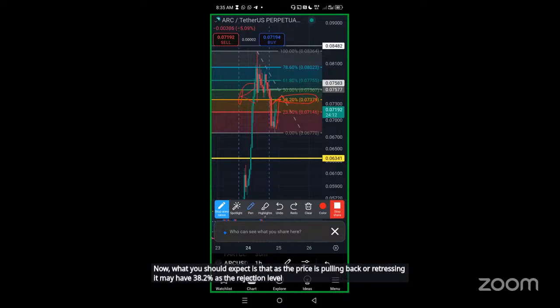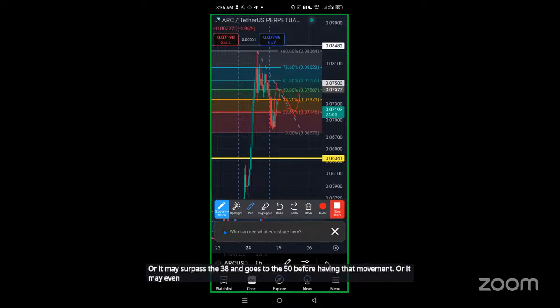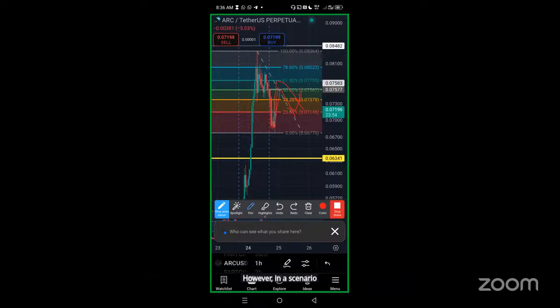So meaning if it rises to it, it may reverse to the downside, or it may surpass the 38 and go to the 50 before having that movement, or it may even go as far as 61.8 before having that movement.